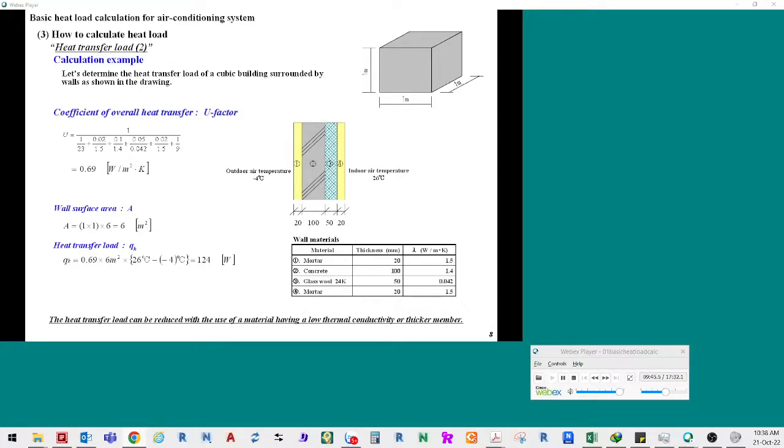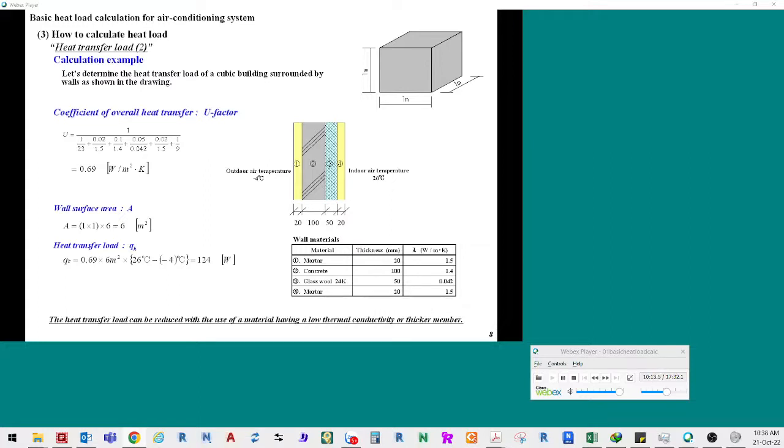The overall heat transfer coefficient is 0.69 watt per Kelvin per square meter. The total area of all the walls is 6 square meters. If the room temperature is 26 degrees Celsius while the outdoor temperature is -4 degrees Celsius, the heat transfer load of the construction framework is 124 watts.